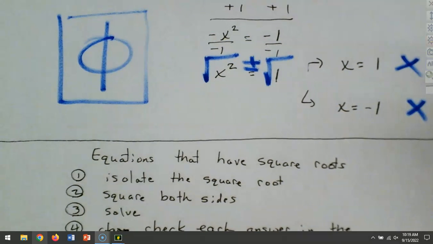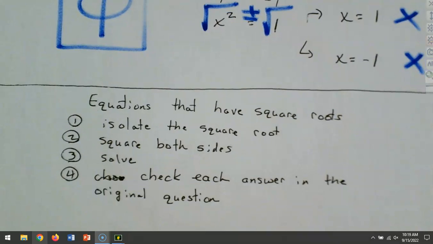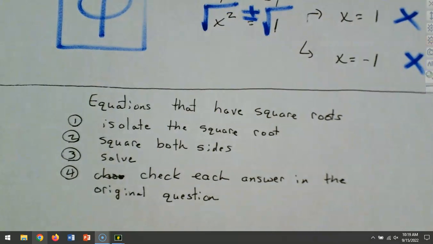Okay, so it's got another step-by-step procedure. Isolate that square root, so get it by itself, square both sides, then we solve the resulting equation. You might get one solution, might be linear, might be nonlinear where you get several. Then what you do is you have to plug each possible solution back in the original and check.